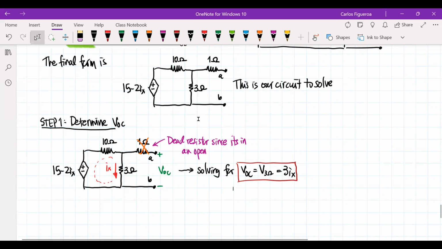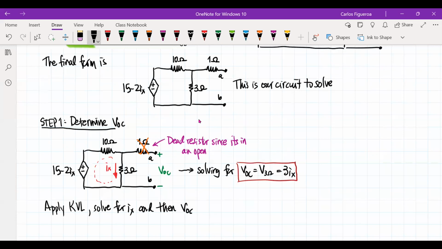So let's go do that. So I'm going to apply KVL, solve for IX, and then VOC.